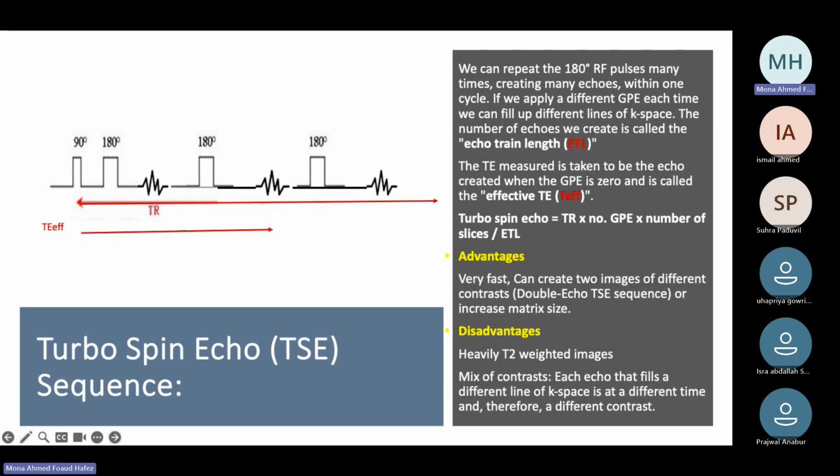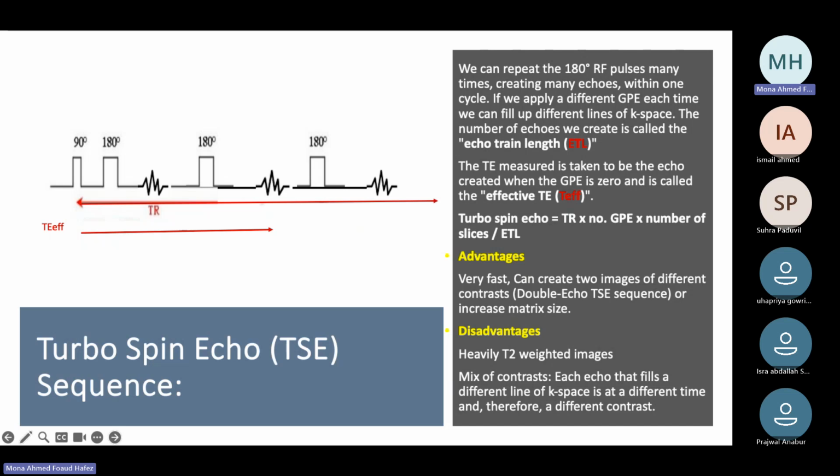But the disadvantage is that it will provide a heavily weighted T2 because TR will be very long. TR is the timing between 90-degree and 90-degree pulses, so the timing between both 90-degree pulses will be very long. So it will be a heavily weighted T2 image. And also we'll have a mix of contrast because the echo for one line is different from the echo for another.